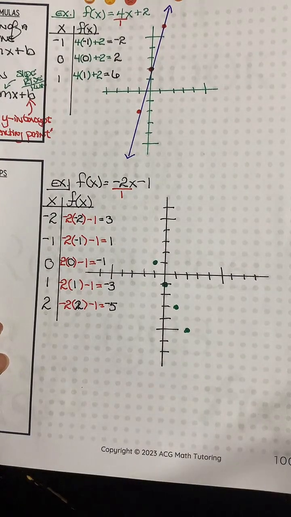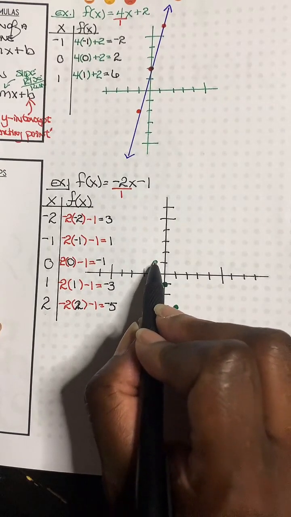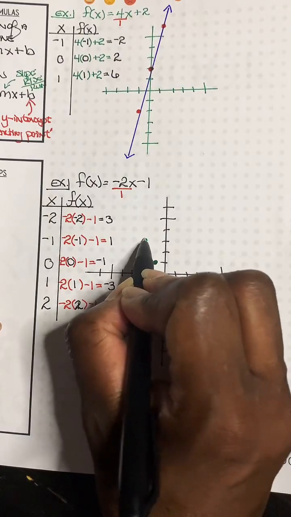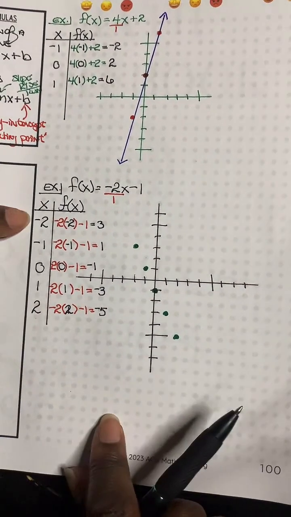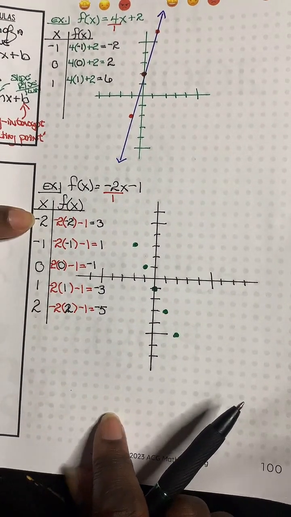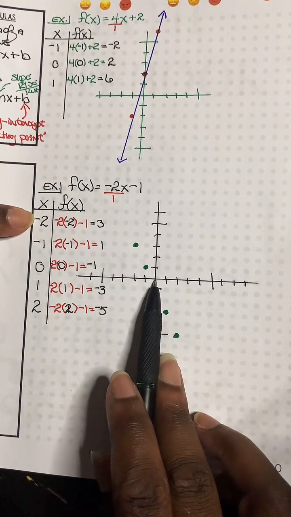Actually, let me do this one more time. So from this, I'm going to go up 2, 1, 2, and to the left 1. There was a reason why I wanted to do that, because I wanted to match the coordinates that we have over here. So -2, 3. Here's my 0.